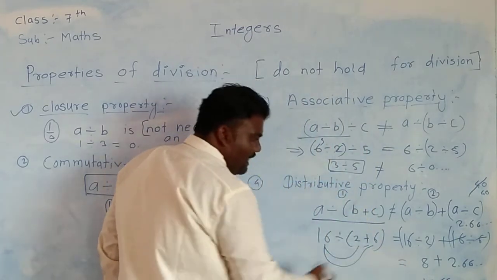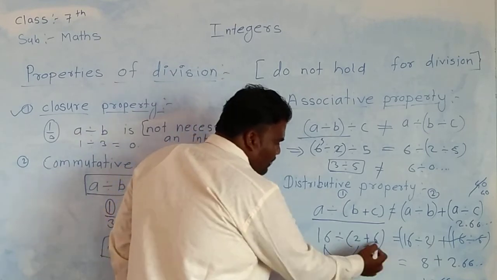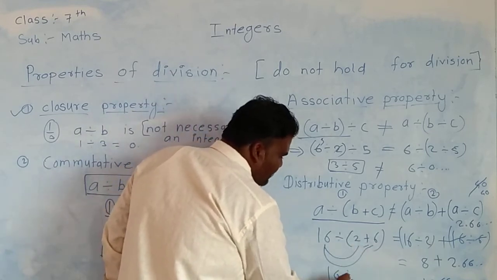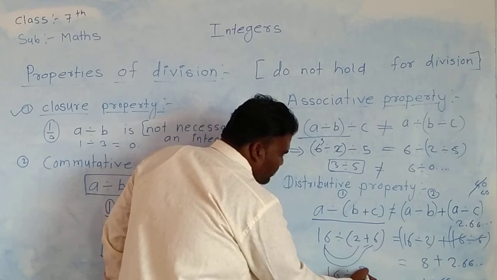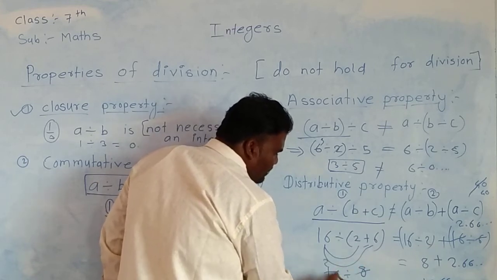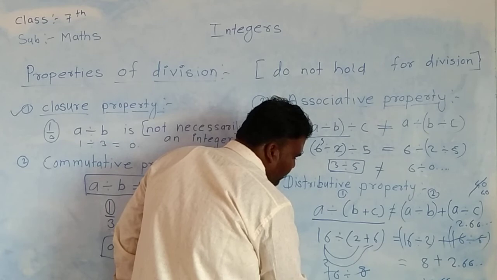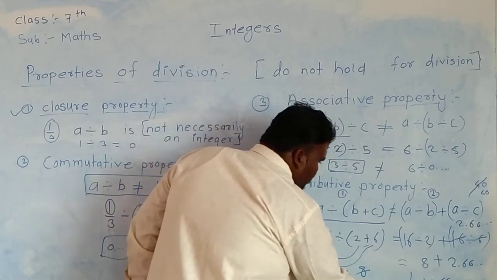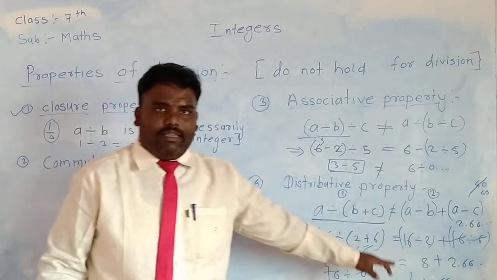And what about this side? If you solve this side, then here you have to write 16 as it is, and this addition will be 8. 8 twos are 16. So the answer becomes 2. So this is not equal to the other case.